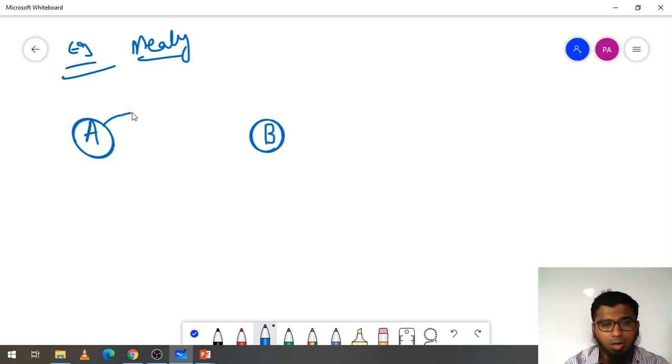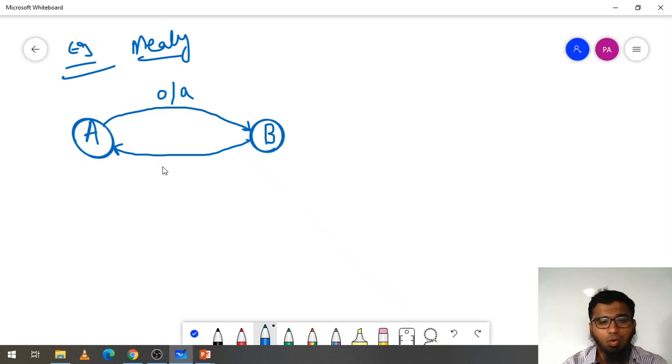So here, on the transition, as I told you, in Mealy the output is defined here. So 0 is the input label, and for this the output is small a. Next, I am just drawing this. 0 is an input, and what is the output?